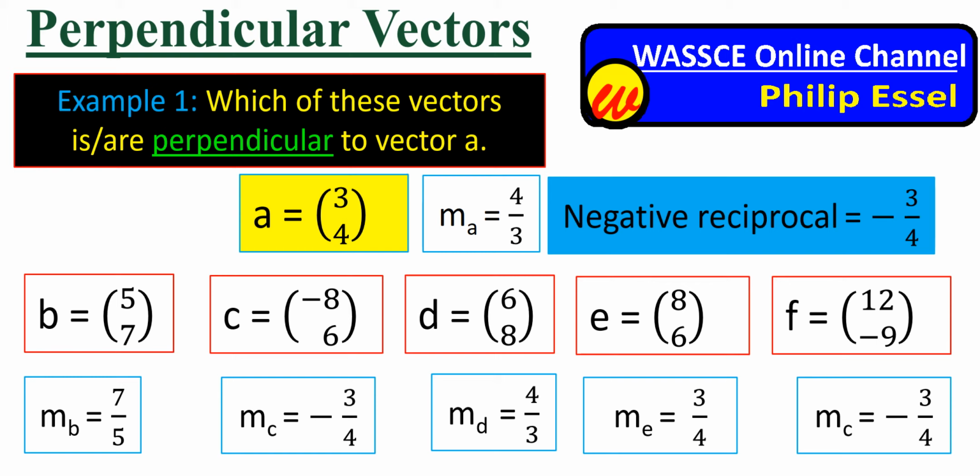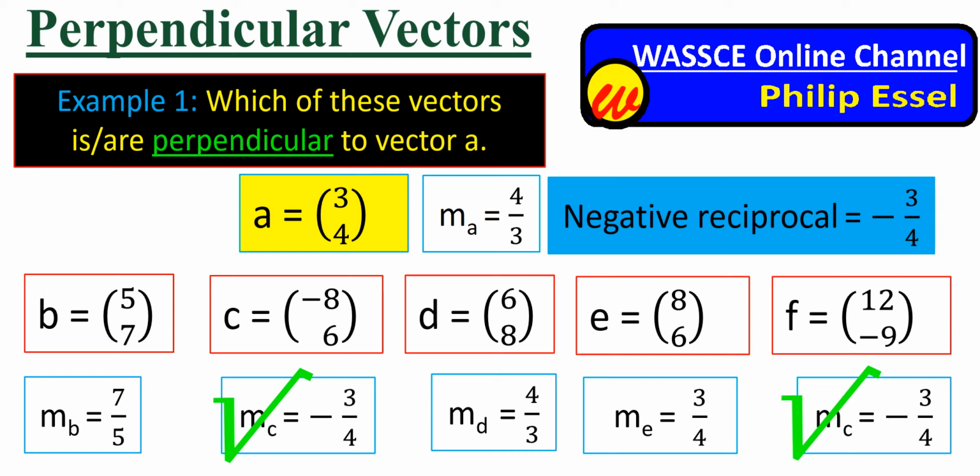The vectors C and F have the slope of negative 3 over 4. What this means is that they are perpendicular to the vector A. The rest of the vectors B, D, and E do not have this slope of negative 3 divided by 4.